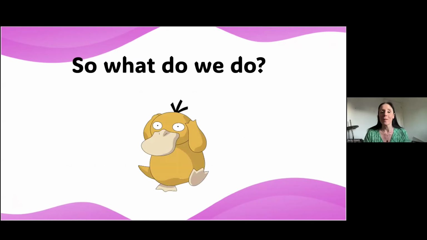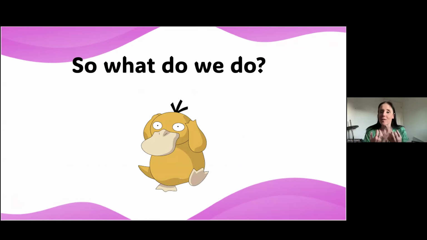So what do we do? I think that stage one can sometimes feel, as a practitioner, the most scary, intimidating stage, because actually you've got a child who is talking at you as if they are making the most sense in the world, and you're like, I've got no idea.